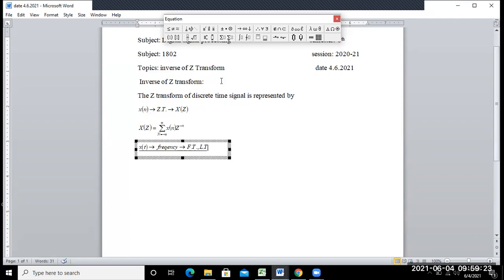If any discrete time signal, how can we represent the discrete time signal?